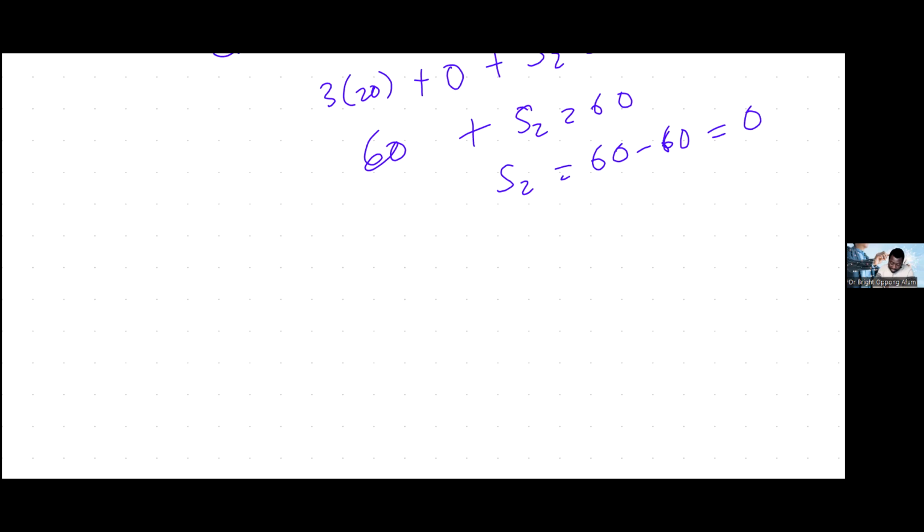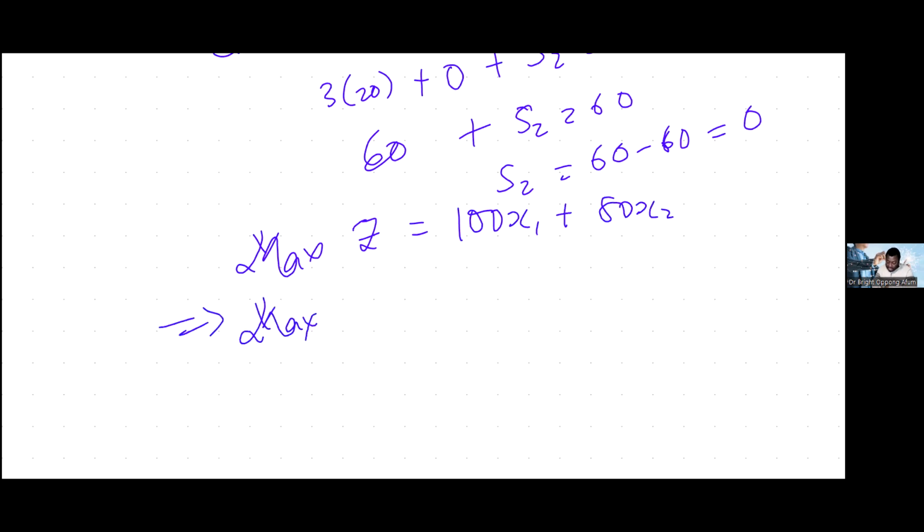So the maximization function z equal to 100x1 plus 80x2 becomes, because of the slack variables, 100x1 plus 80x2 plus 0s1 plus 0s2. So this becomes our objective function.